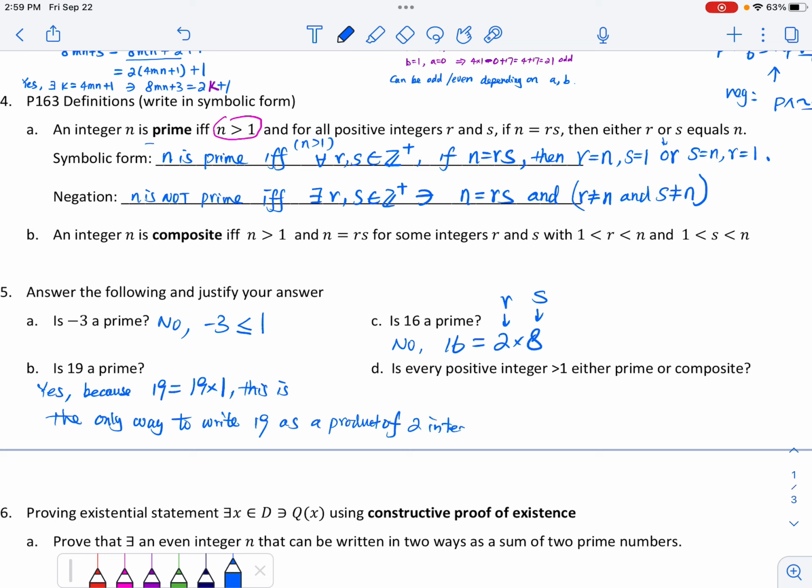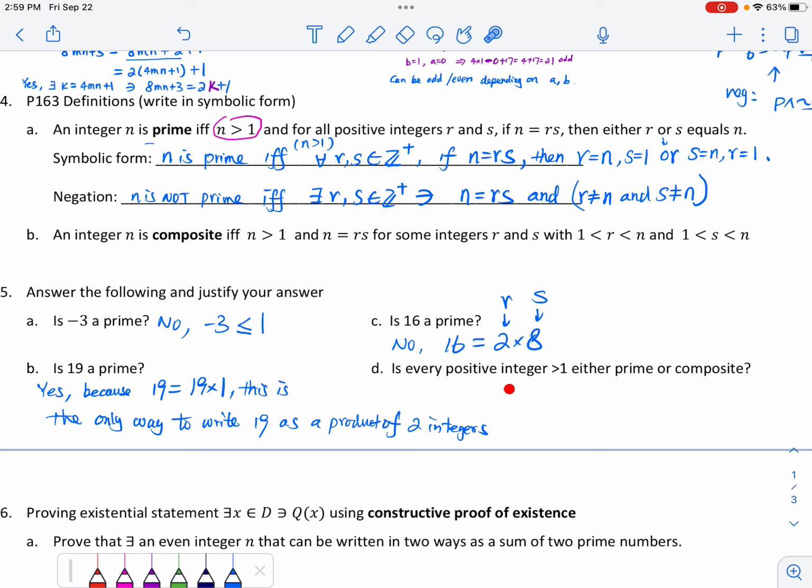If 19 is equal to r times s, here r is 19 and s is 1. The only way to write this as a product is with one of those being itself, and that's what the definition says. So either r or s has to be itself, 19 in this case. That's true. So therefore 19 is a prime.